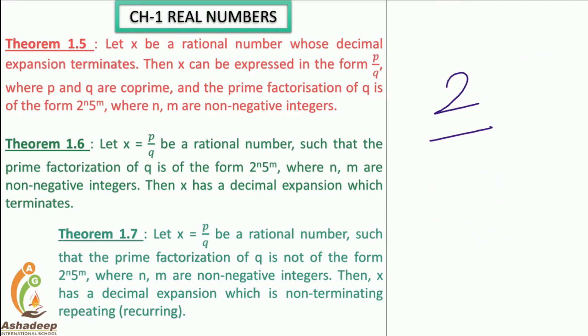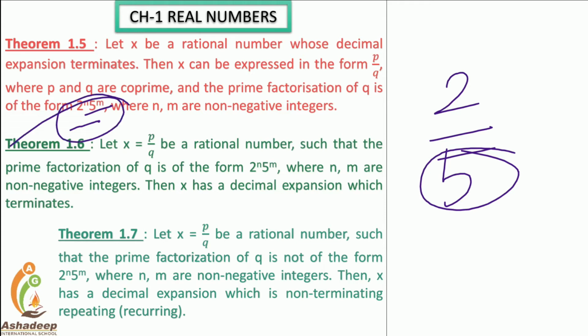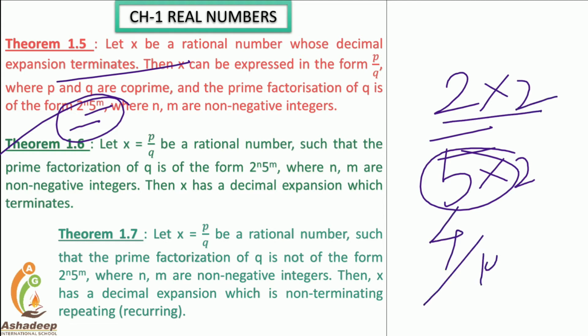In the denominator there is a 5. If in the denominator there is a 2, a 5, or a combination of 2 and 5, then it is a terminating decimal. So 2 by 5, multiplied and divided by 2, gives 4 divided by 10. The answer is 0.4. Is that understood?